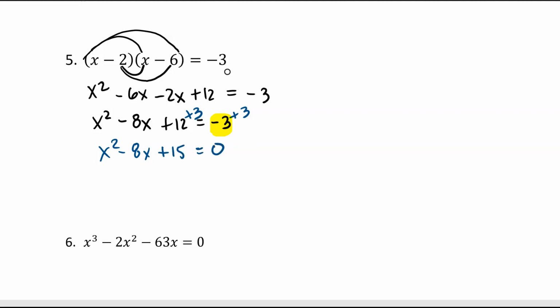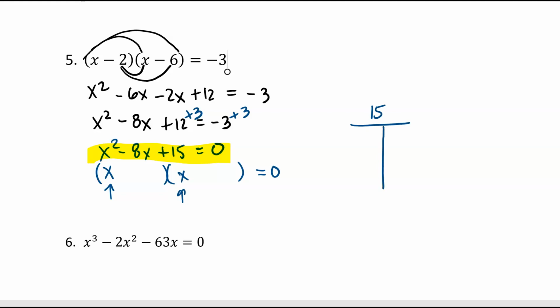And now we recognize this as a trinomial that we can factor. It is the easy case, so we don't necessarily have to do the AC method because we know that the first position here will be x and x. Now we need to figure out the factors of 15 that'll give us -8. So I'm thinking -3 and -5 will give us -8.